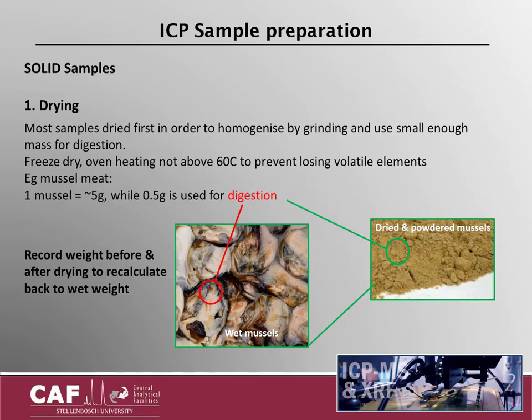So you can see if you would have only sectioned 0.5 gram from the wet mussels, you might not really have a representative sample of your set of mussel materials.